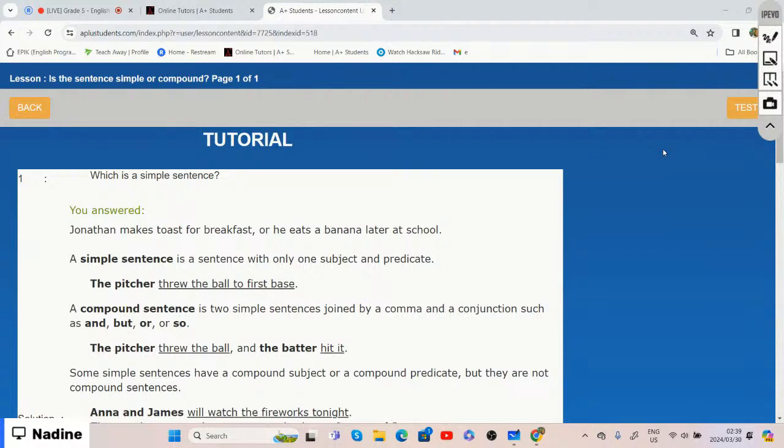All right, and we see the compound sentence is two simple sentences joined by a comma and a conjunction, such as and, but, or so, right?